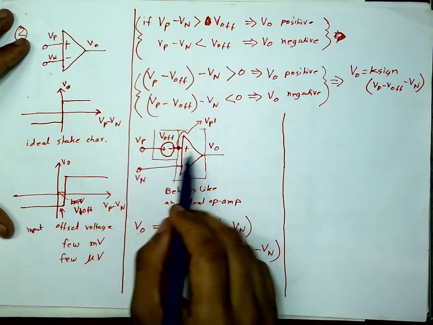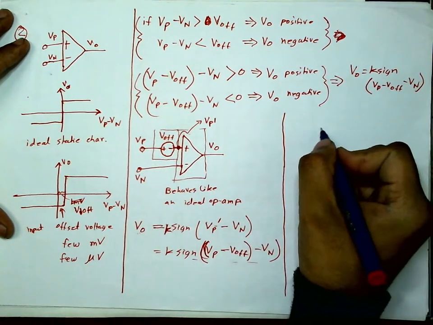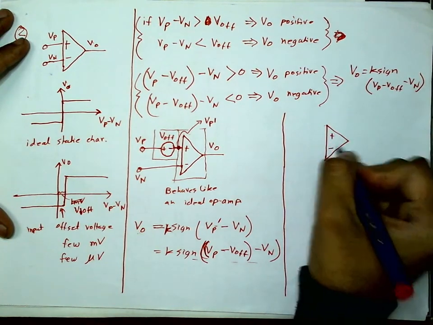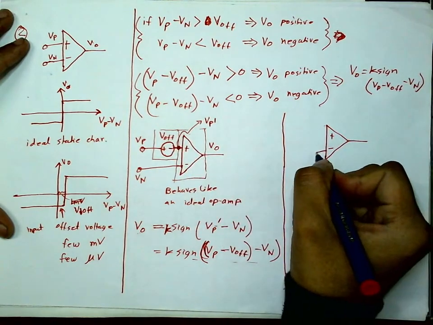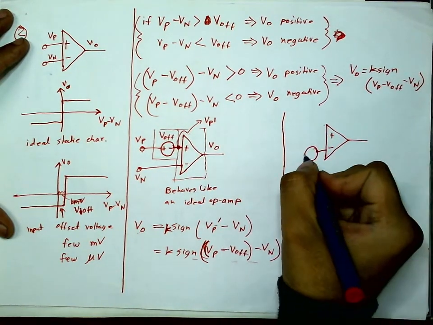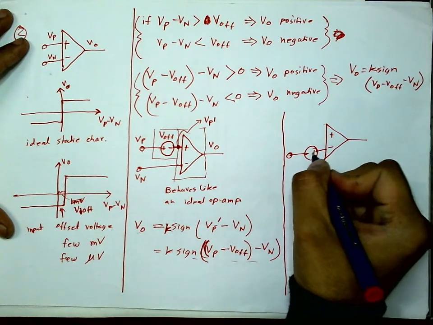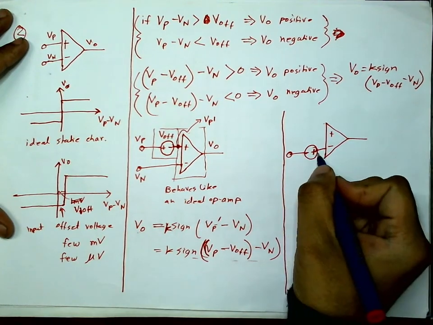Now, actually, this modeling could also be done this way. You see, I take the op amp, and instead of having this V off here, I take a V off here, but this time with the other direction of polarity. This is minus, this is plus.